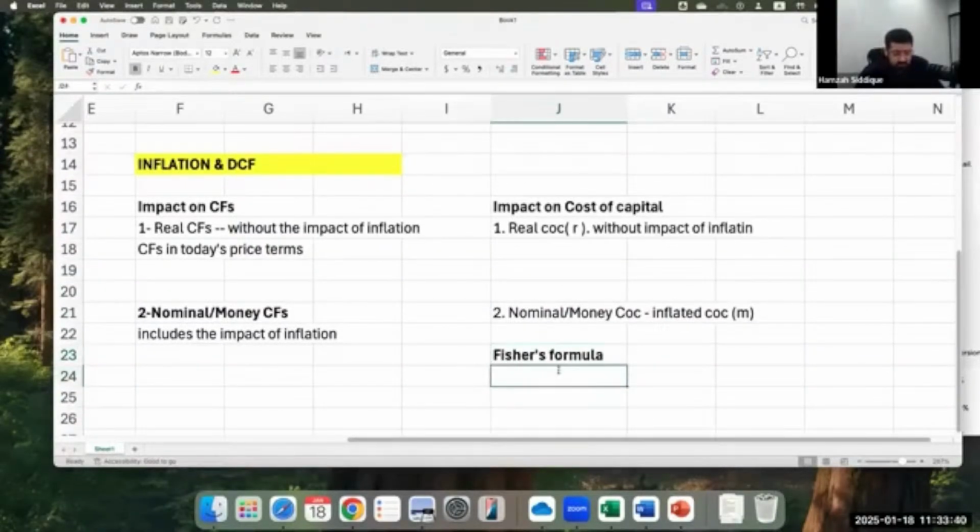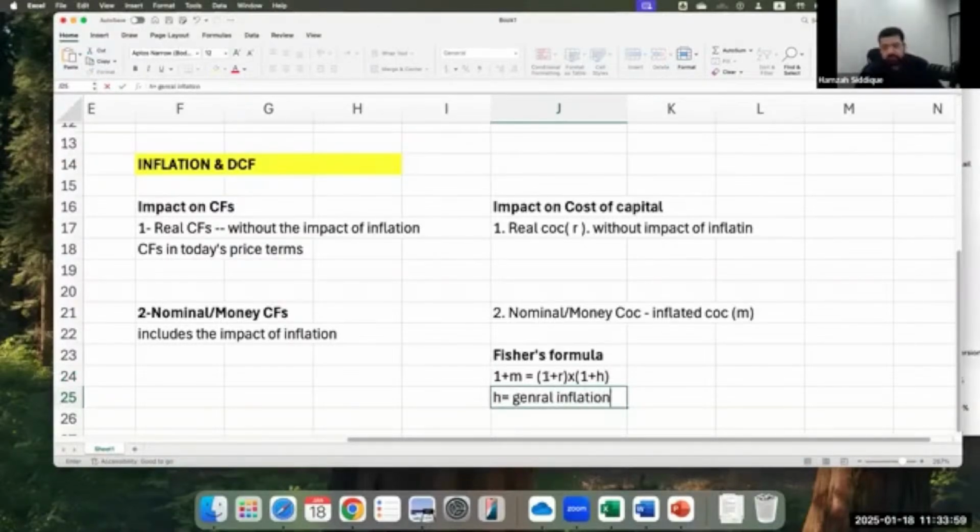Fisher says that if you want to calculate the money cost of capital, 1 plus M is equal to 1 plus R into 1 plus H, where H is equal to general inflation in the economy.